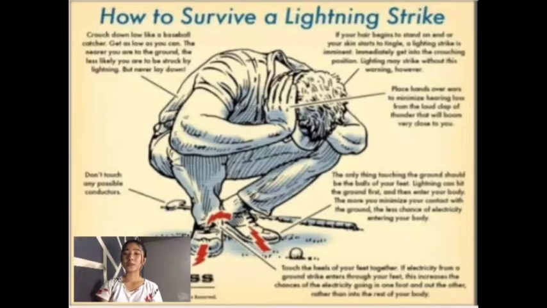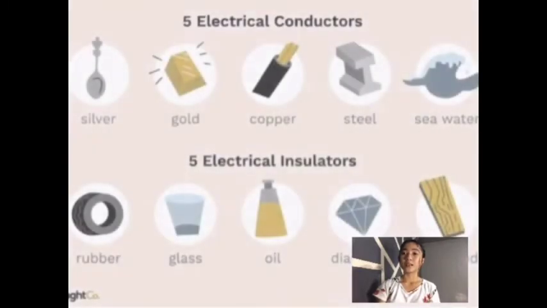Electrical conductors are materials that conduct electricity, and insulators are materials that do not. Examples of conductors: silver, gold, copper, steel, seawater. Examples of insulators: rubber, glass, oil, diamond, and dry wood.